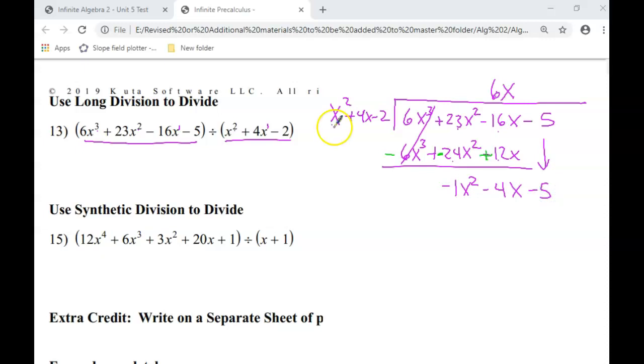What would I multiply this by to get this? And the answer is negative 1. I'm going to multiply negative 1 by all three of these. Then we're going to go through and change all their signs. And then we're going to go down and combine them.